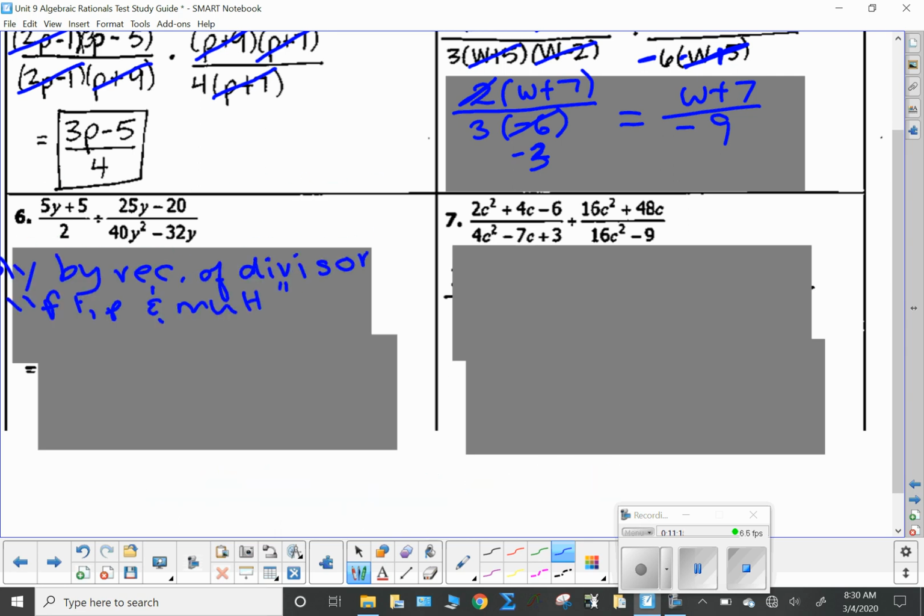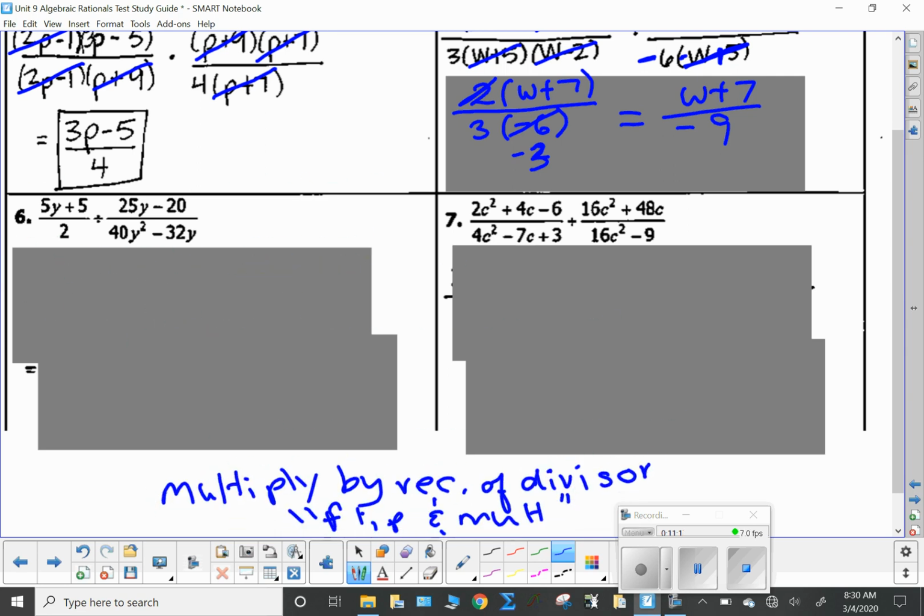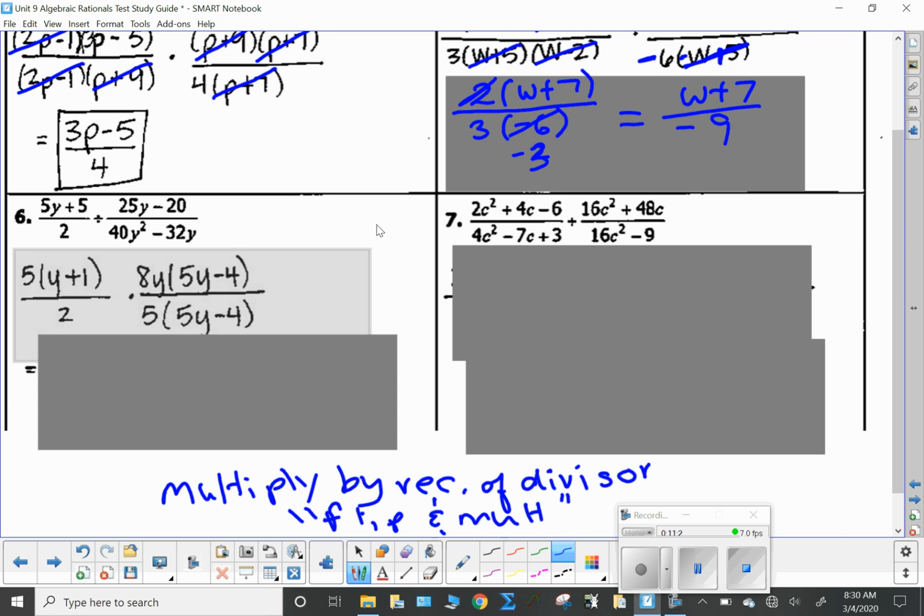So I'm going to flip and multiply. Boom. So I factored the 5 out, and I still have the 2. Over here, I flip it upside down.